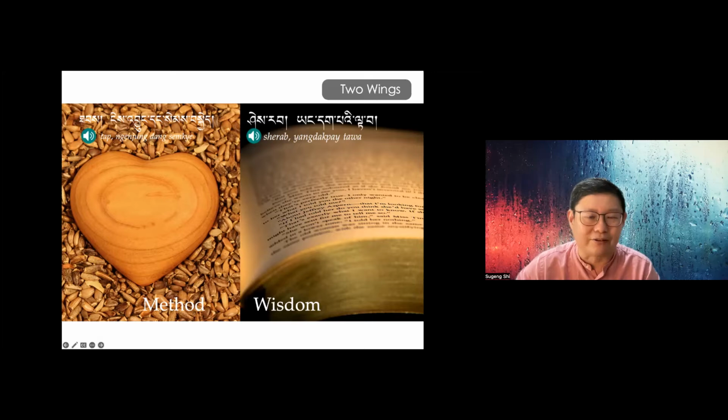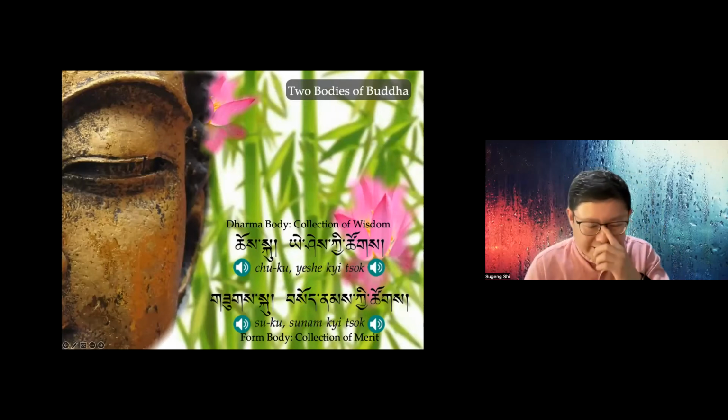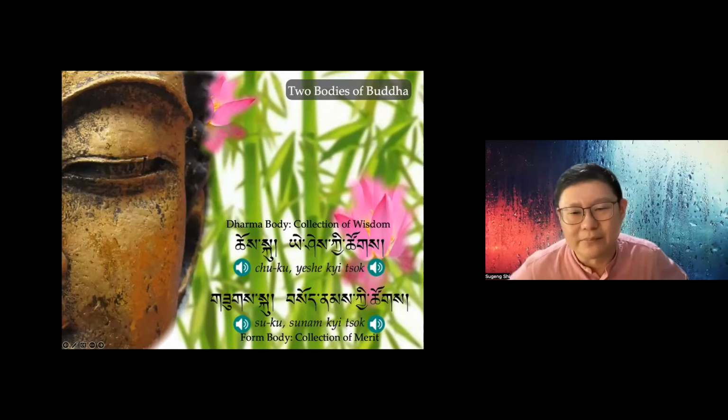When we have a good mastery of these two, it will produce the two bodies of the Buddha. These are the two that I always say are the wings, right? One side is the method, one side is the wisdom, the two wings of the bird.